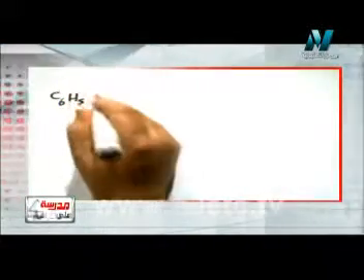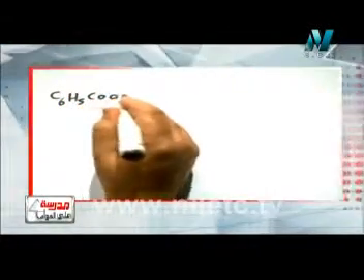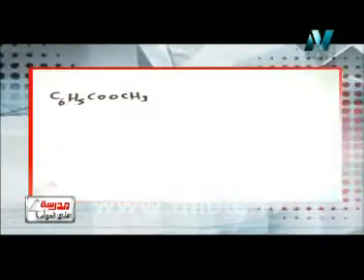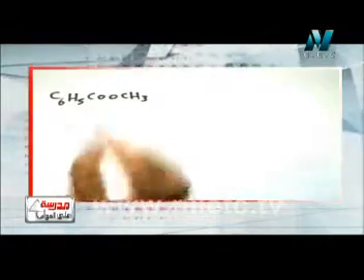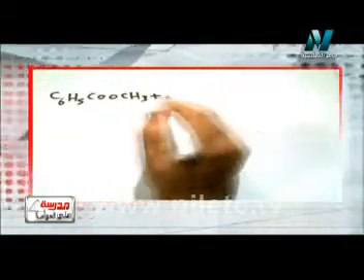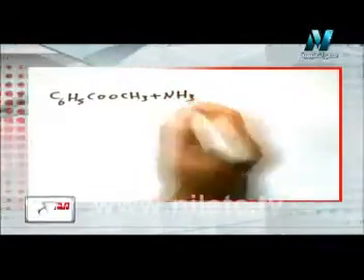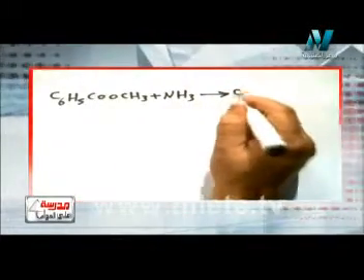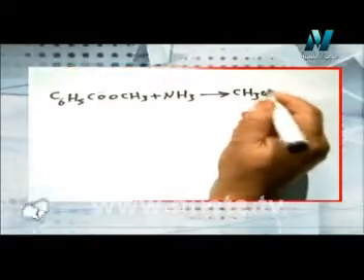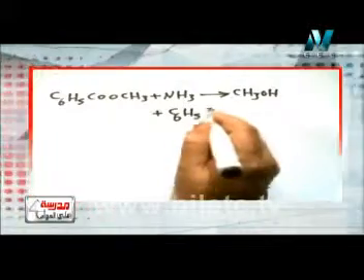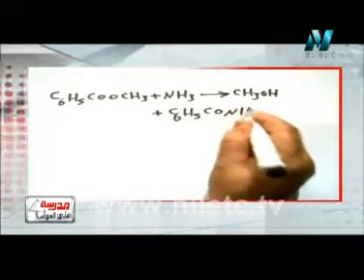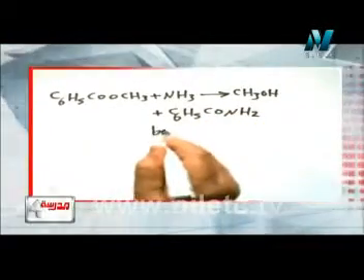When we take this reaction using C6H5COOCH3, methyl benzoate, plus ammonia, ammonolysis, it gives methyl alcohol, CH3OH, plus C6H5CONH2, benzamide.